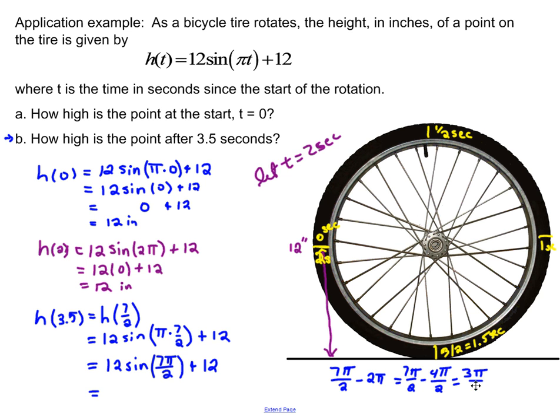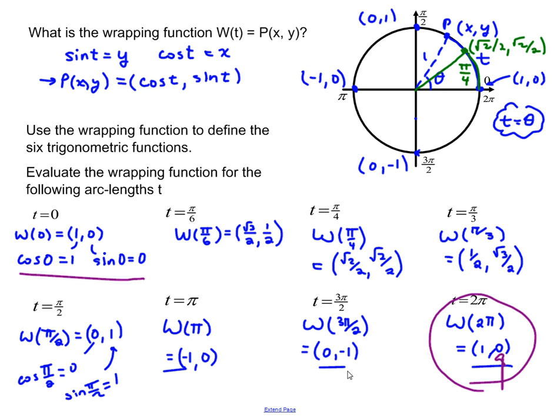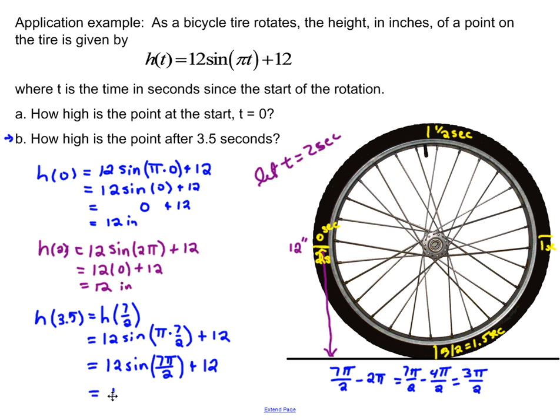Now, if we go back to our wrapping function, the sine of 3 pi/2 was right here. That's -1. So we're taking 12 times -1 plus 12. Our height at 3.5 seconds is 0 inches.